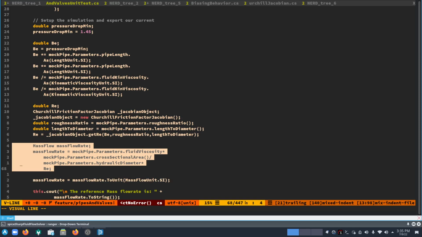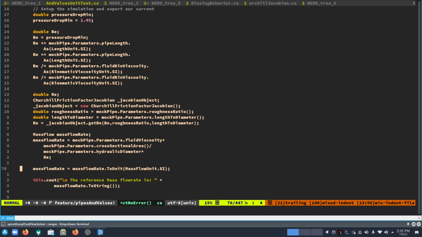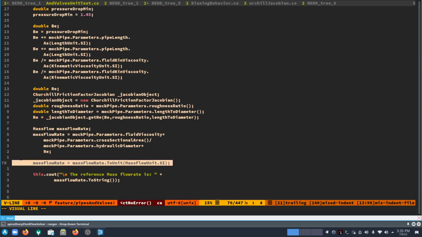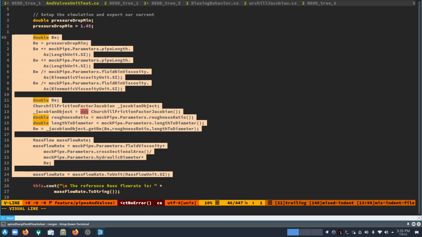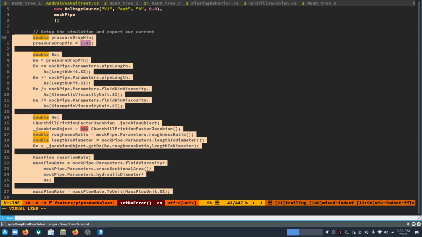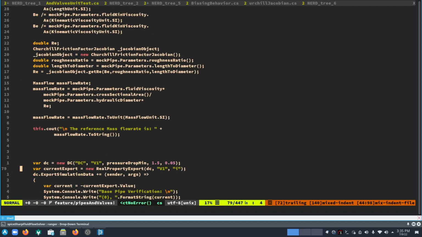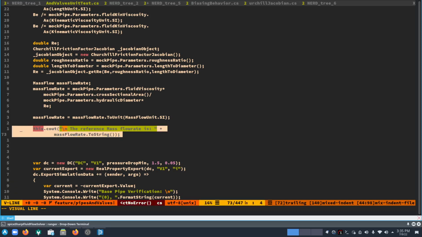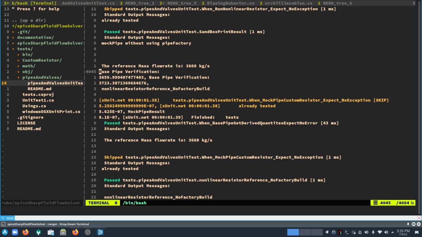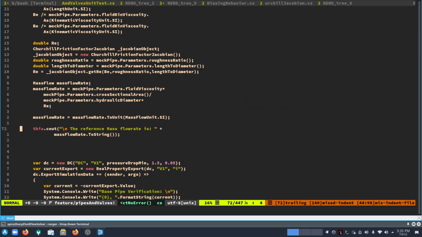I will then get the mass flow rate, using all the code from the original friction factor object, and once I get it I say the reference mass flow rate is this much. You can slowly go and look at the code, and this is where I get the mass flow rate of 3660 kg per second.